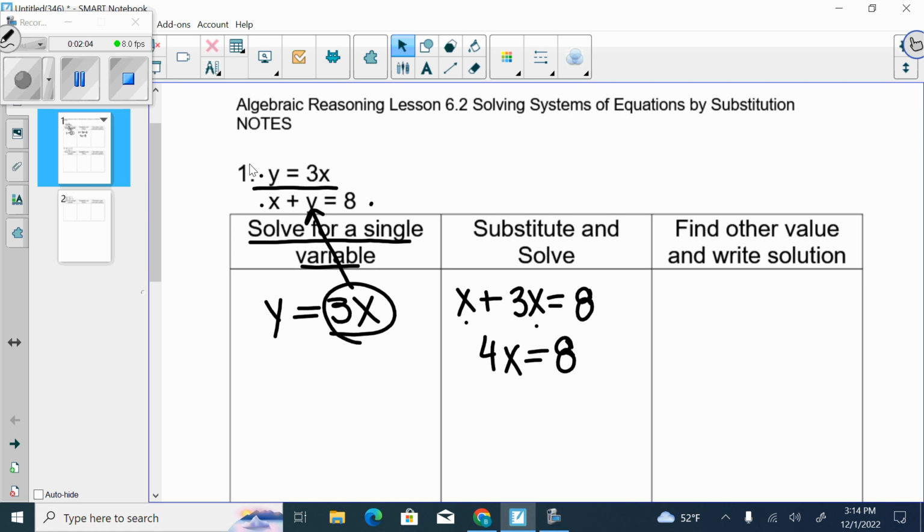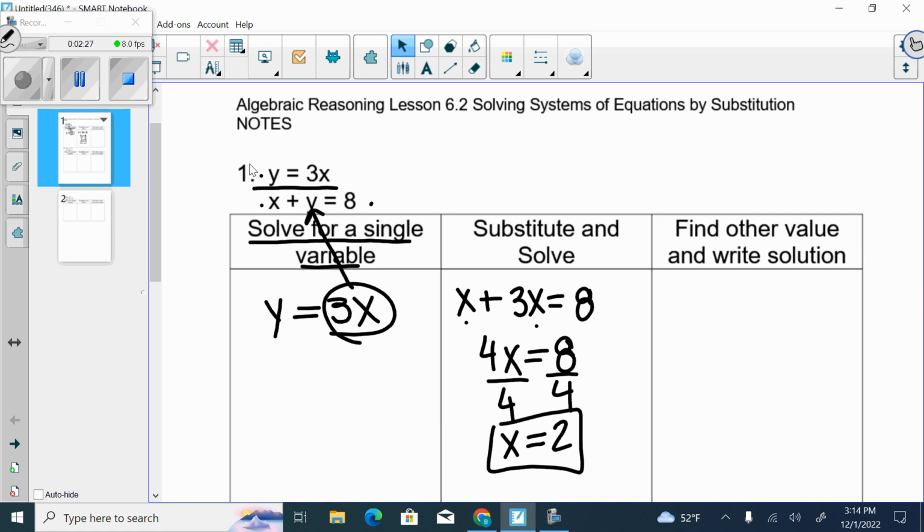Okay? Then what should I do? Divide. Alright, so I'm going to divide both sides by 4. And when I divide both sides by 4, what do we end up getting for x? 2. Very good.